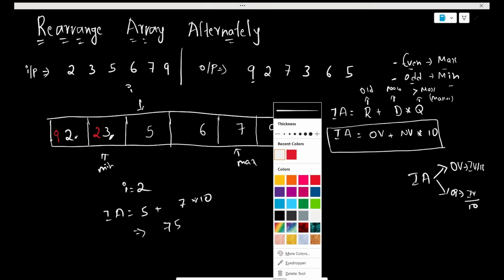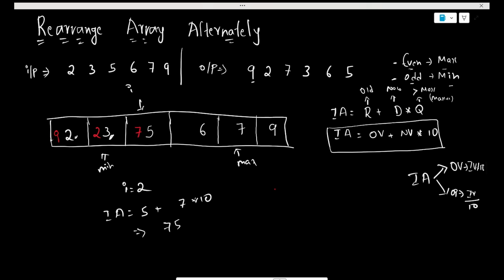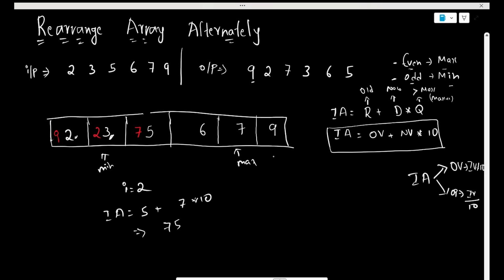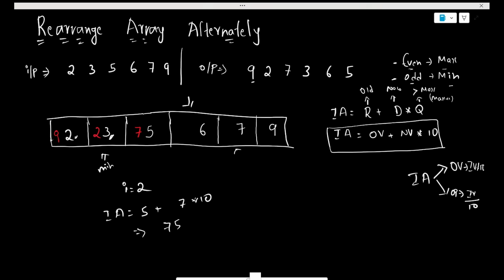Update the array: 75, and I is incremented. We have used max, so max is also incremented. Sorry, max is decremented. So here now I is equal to 3.